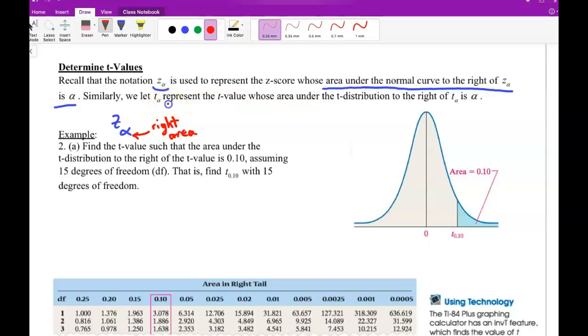So this alpha here is, again, area. Okay, for example, find the t-value, and I want to add a note here on this part. Alpha is always the area to the right.